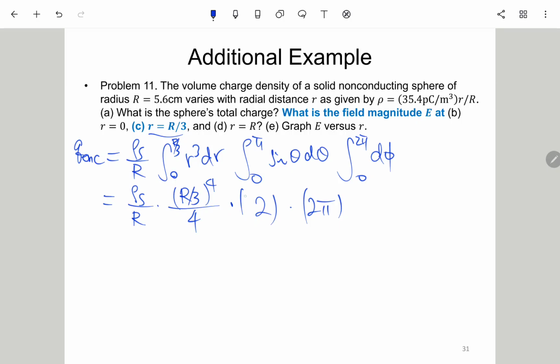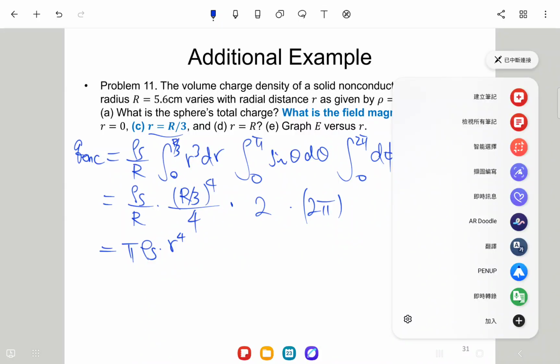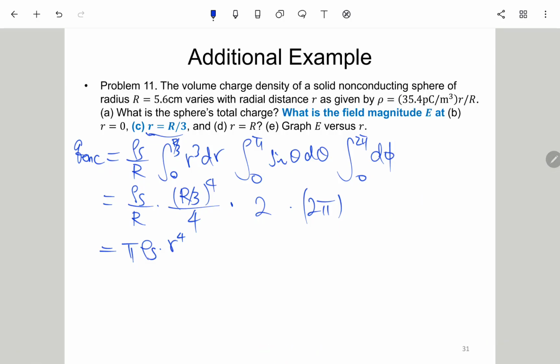Something like this. So this is actually pi rho s times R to the 4th. Maybe for this part, we should come up with a more general R first.